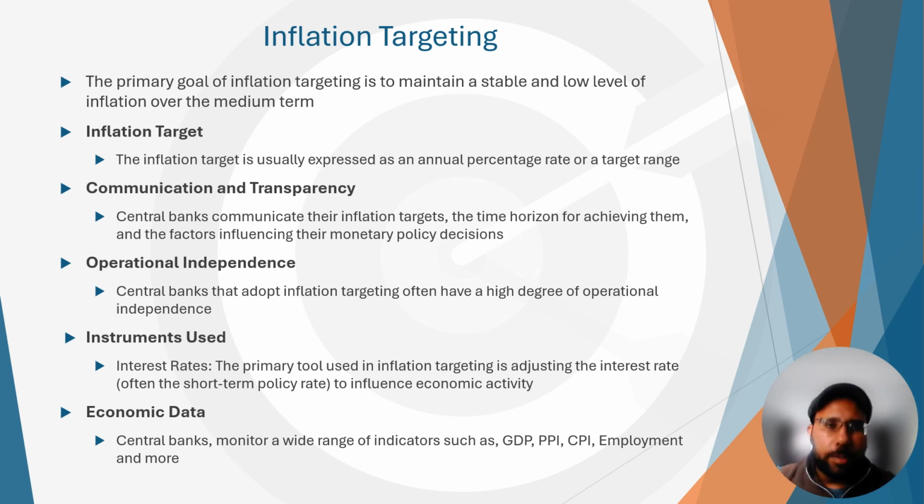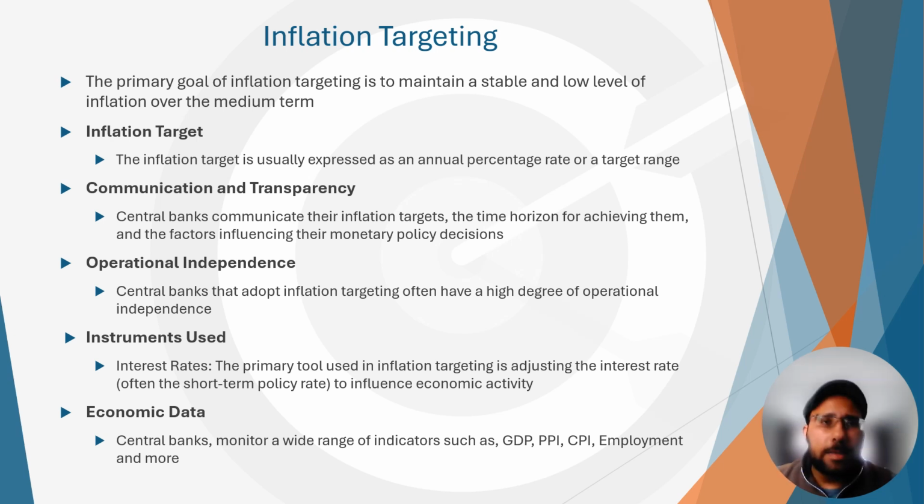The next one will be operational independence. For any form of inflation targeting to be effective, the central bank needs operational independence from political influence. This means it makes its decisions on interest rates and other monetary policy tools without the interference of the government. Remember, central banks and governments are two completely different entities. One doesn't work hand in hand with the other.